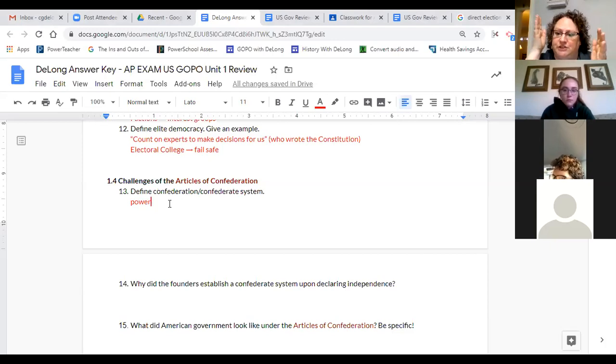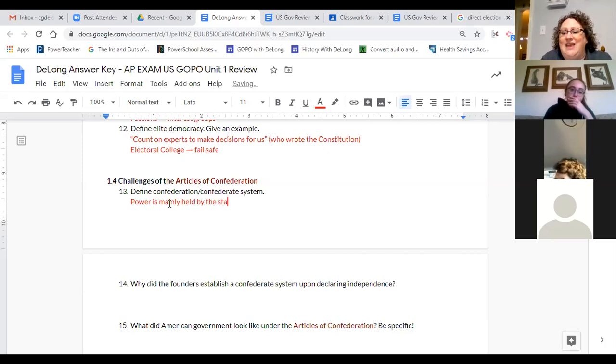In a federal system, which is where we ended up, power is divided between DC, that federal national government, and the states. In the confederal system, in a confederation, power is mainly held by the states or regions or provinces or whatever you want to call them, with little power in the national government.